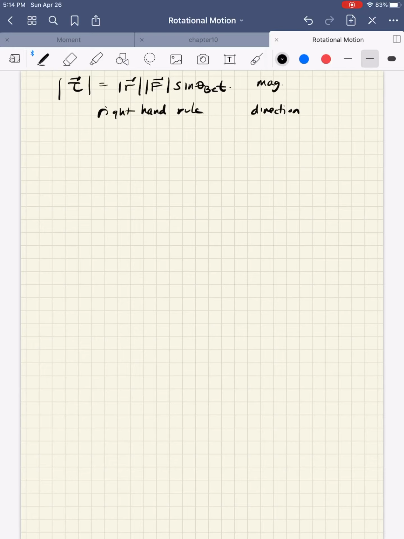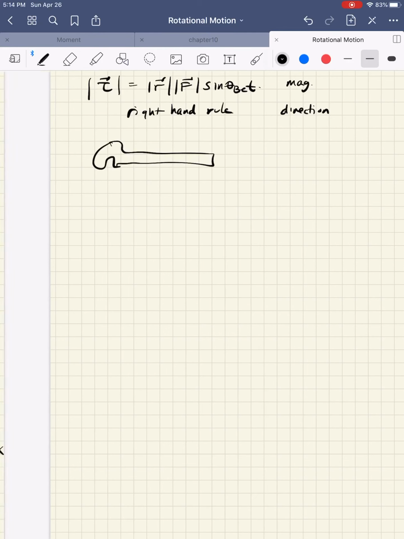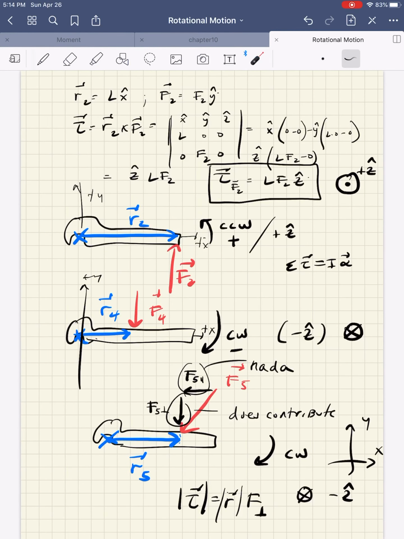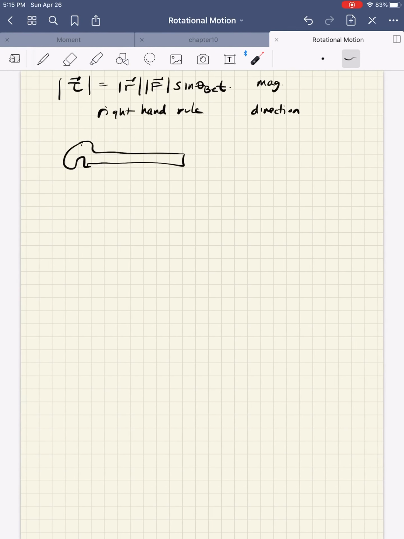Let's say we're only interested in the magnitude. Looking at the example that I just had of F5 over here, again saying it has a parallel and perpendicular direction to it. Here's my r vector.